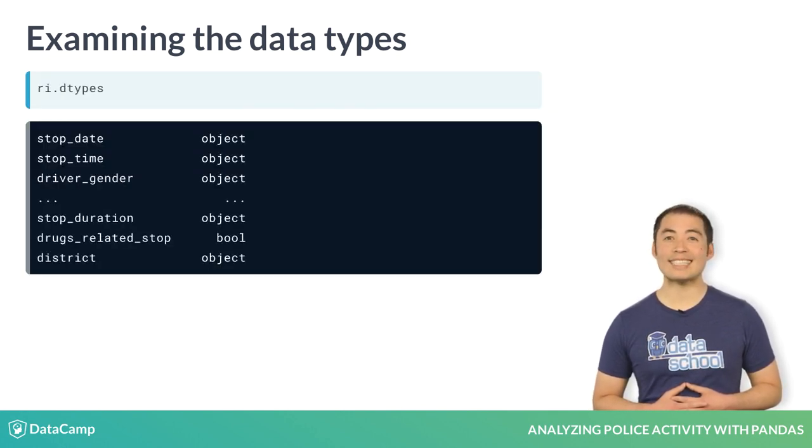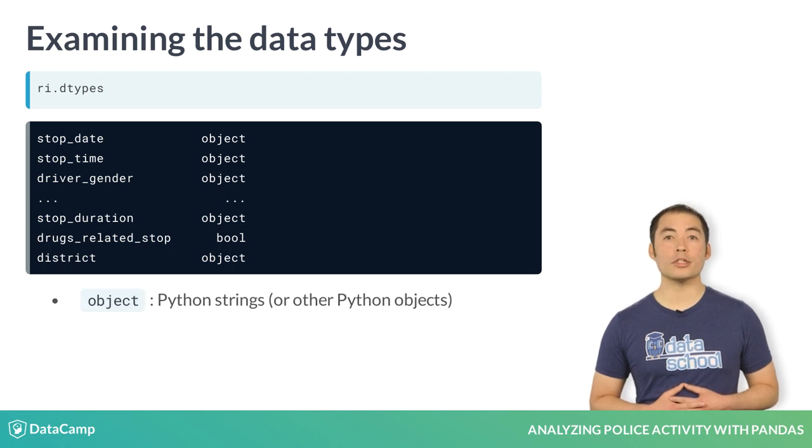Every series has a data type which was automatically inferred by pandas when it was reading in the CSV file. As you can see, the only data types currently in use are object and bool. The object data type usually means that a series is made up of Python strings, though it can indicate the presence of other Python objects, such as lists.